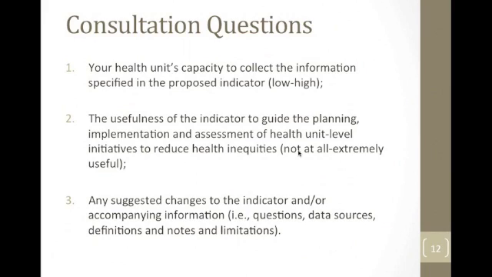The next question refers to the usefulness of the indicators, how useful they are for planning, for implementation, for assessment of health unit or board of health level initiatives to reduce health inequities. And again, we're hoping that you can comment on all 3: planning, implementation, and assessment.